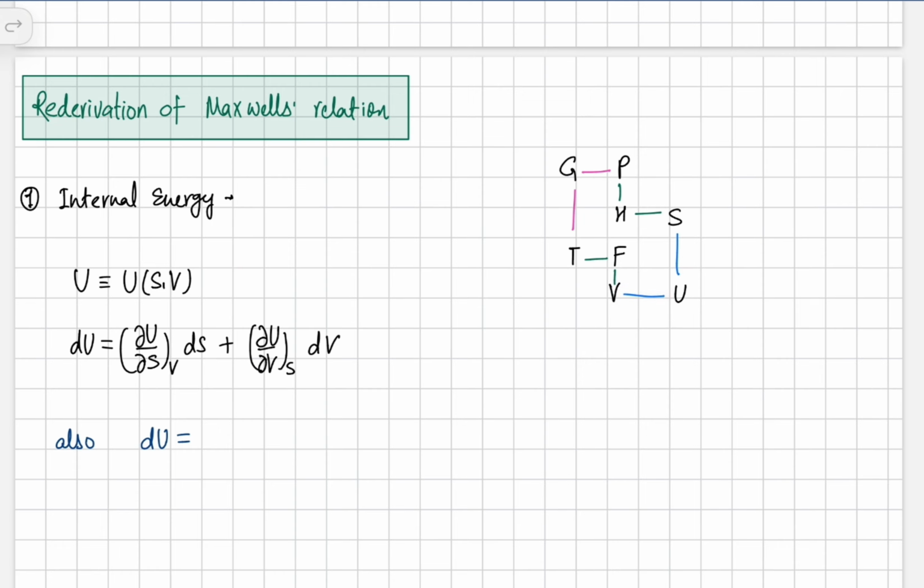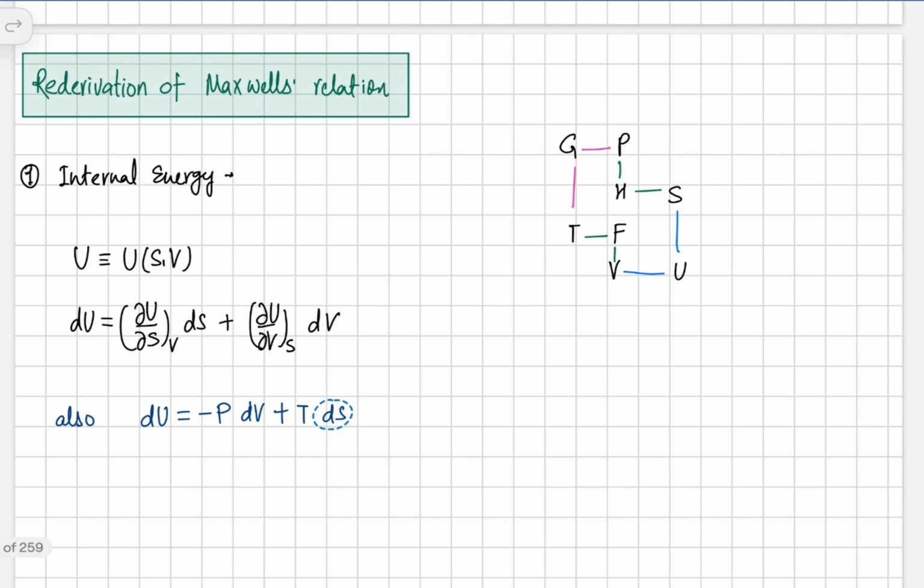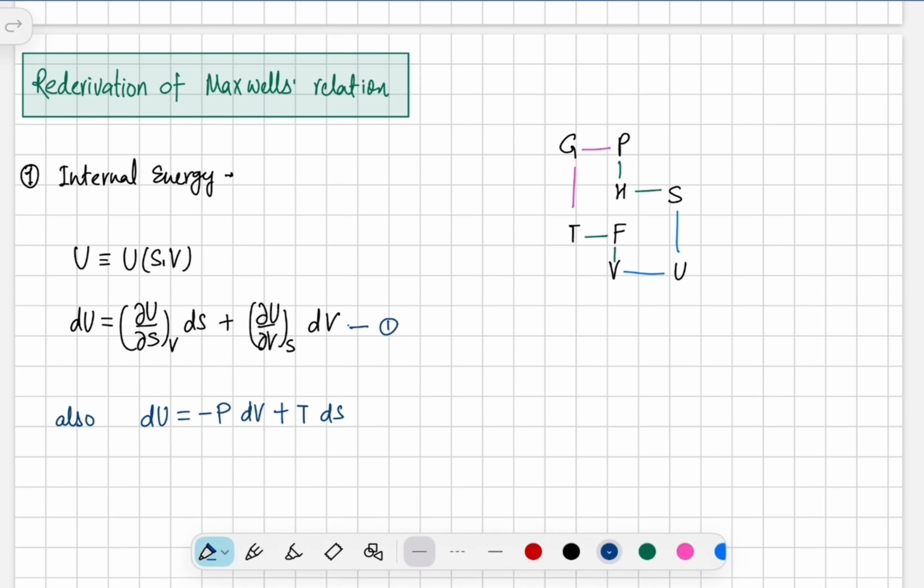So what is the pair of V, its cousin? Its cousin is P. So first of all the differentials will be dV and dS, but since dV is on the left side, it will come with a negative sign. So minus P dV plus T dS. Let's call it equation number 1 and this equation number 2.